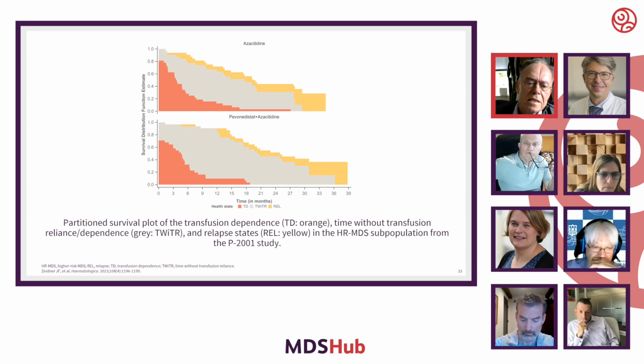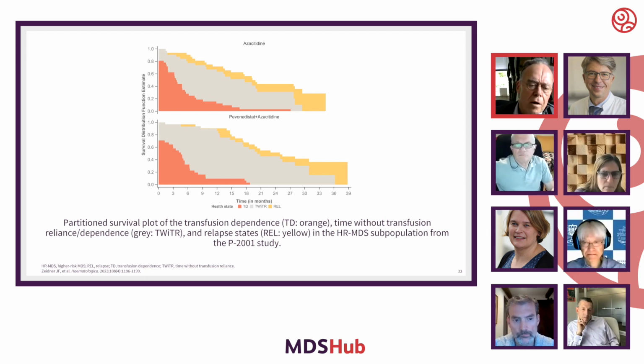What you see here is, first of all, the overall survival between the two arms, as you probably all know, is not significantly different. But what you can see is that the transfusion-free survival period is significantly longer in the pevonedistat azacitidine arm compared to the control arm.